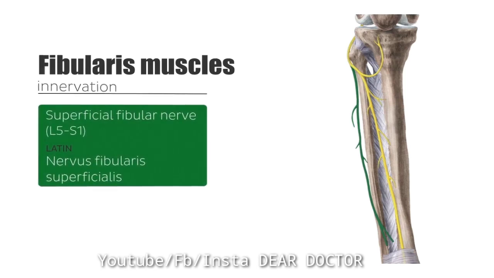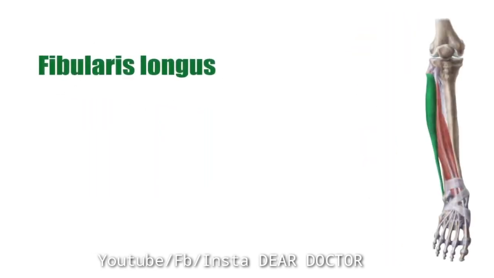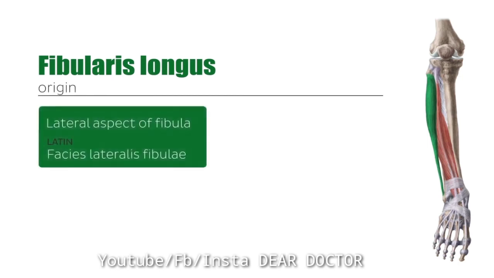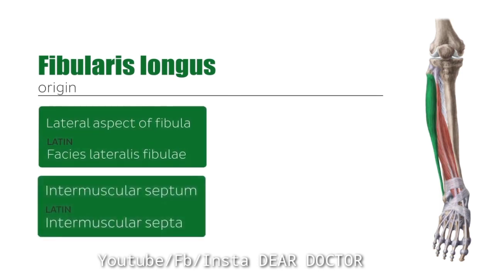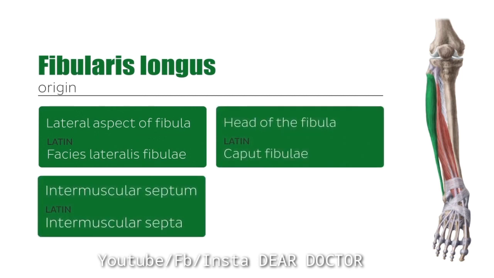Now we're going to start off with the very first one on the list, the fibularis longus, and you can see here that in terms of origin points, yes, a long list, and it starts off with the lateral aspect of the fibula, which will serve as an origin point, also the intermuscular septum, and the head of the fibula.